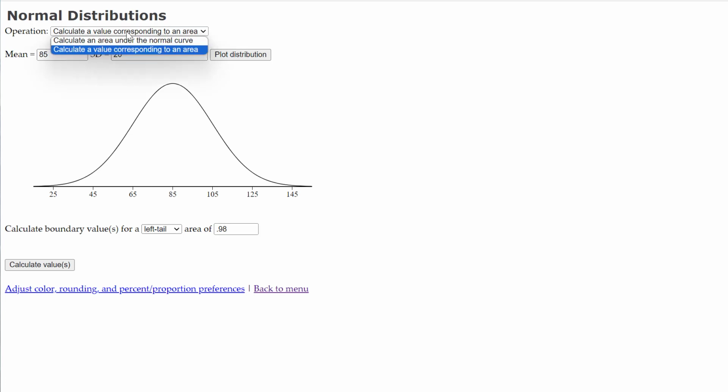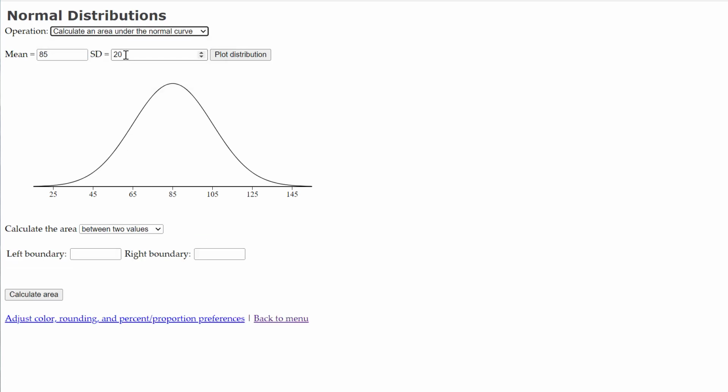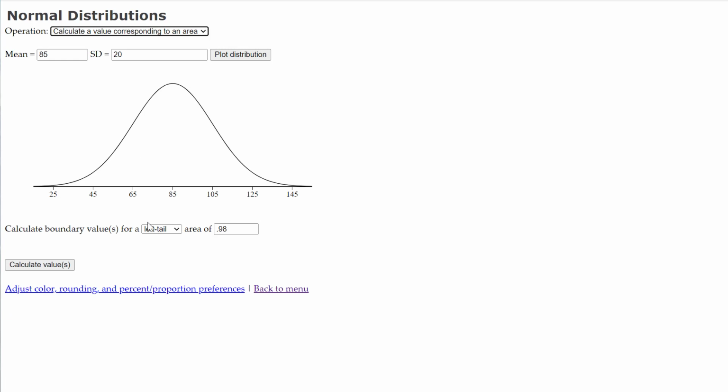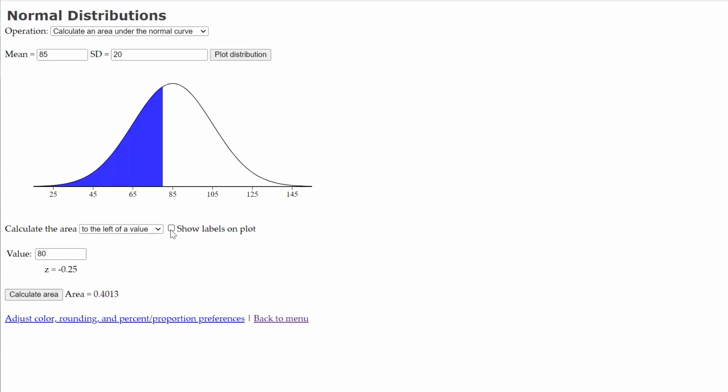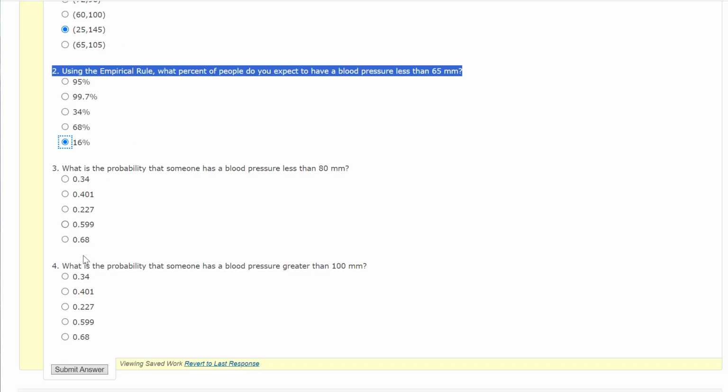Oh, we want to calculate an area. Make sure I was on calculate a value, right? And you say, area. Well, no, I want 80. So less than 80. Put in the 80. Calculate. And boom. The area is 0.4013. So we just put that in.